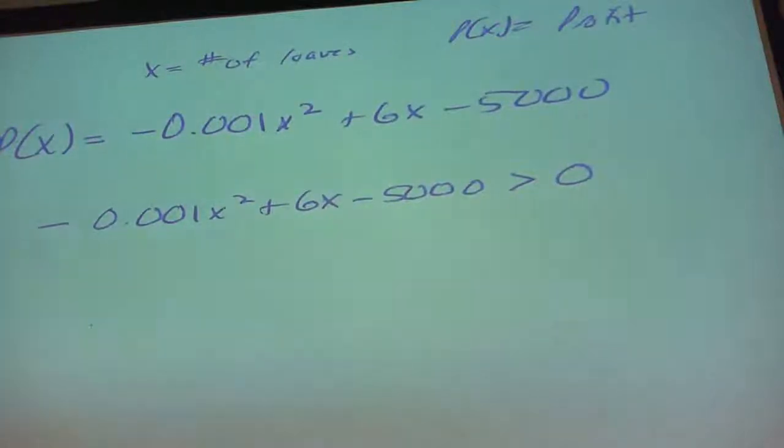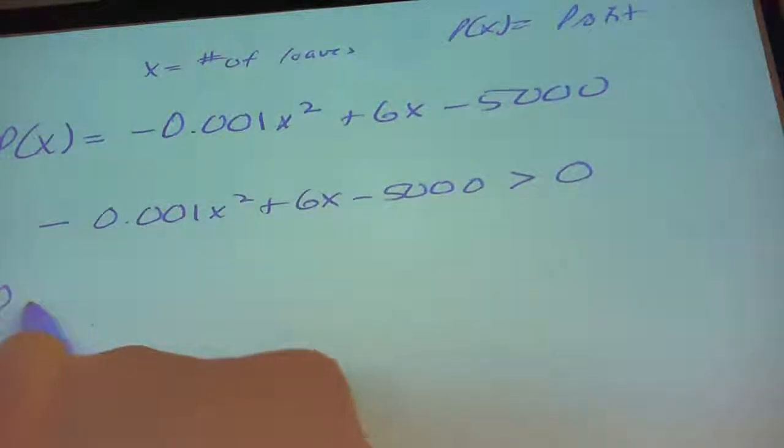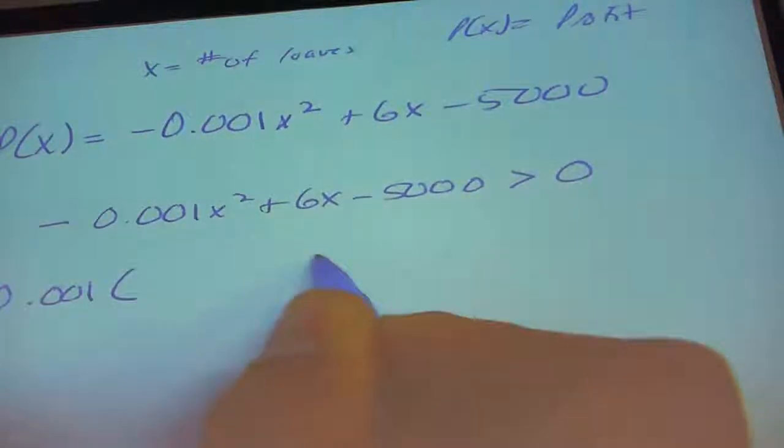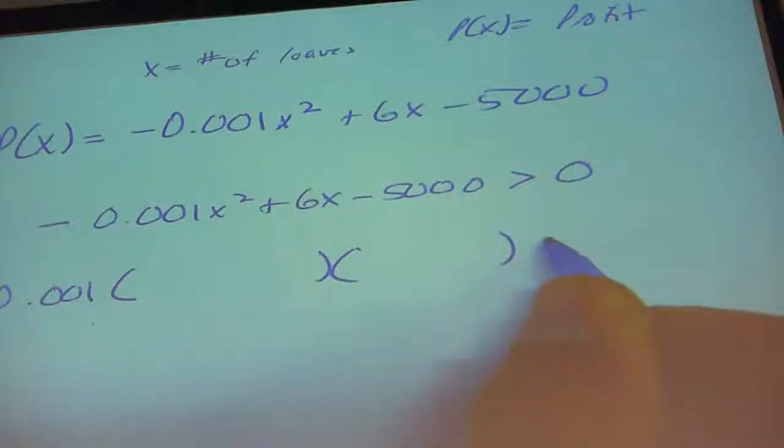Now again, I can graph this and get the answer right away. I'll show you how to do that. A sign chart is just another strategy, and they'll use it a little later. So I'm going to give you a little bit of help by factoring this for you, which is probably the part that'll give you the most difficulty. But I'm going to go ahead and factor this for you.